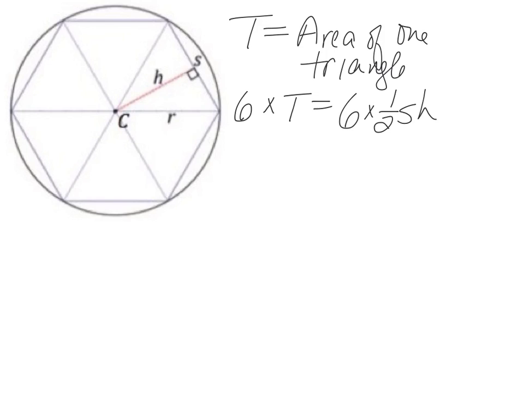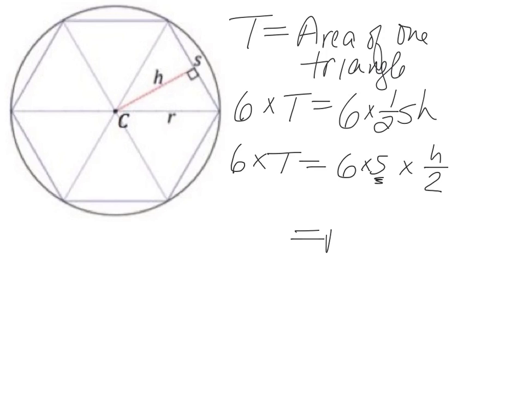Let's regroup things a little bit. 6 times the area equals 6 times S times H over 2, because that's one side of the hexagon, so that's my perimeter, right?